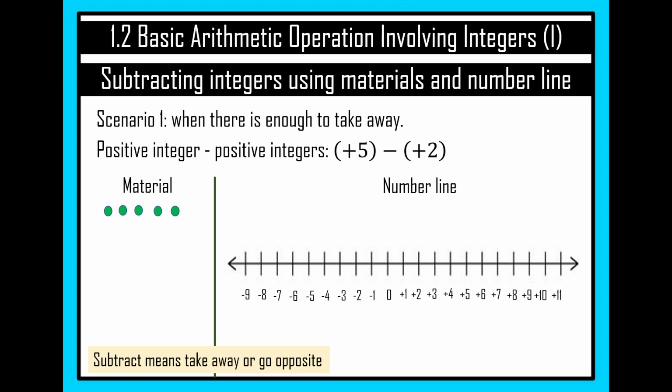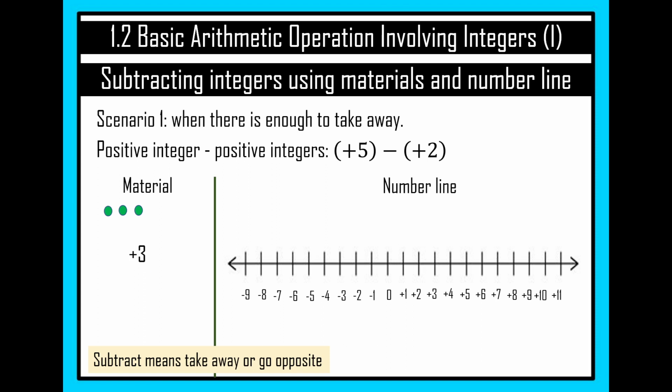Positive 5 means I need 5 green circles. Minus, or subtract, means we're going to take 2 of the green circles away, which represent positive 2. Finally, we are left with positive 3.